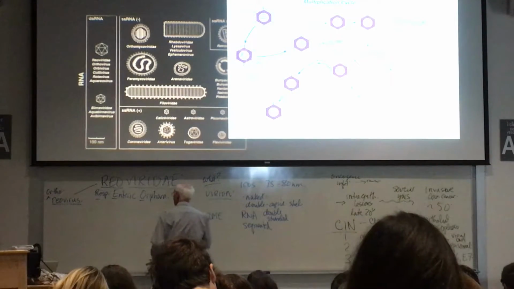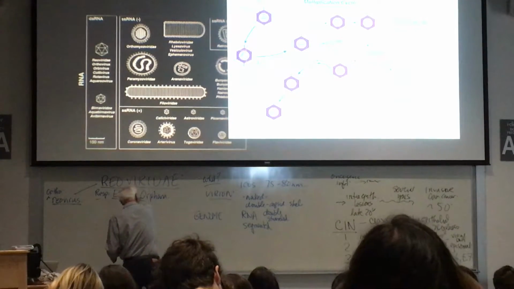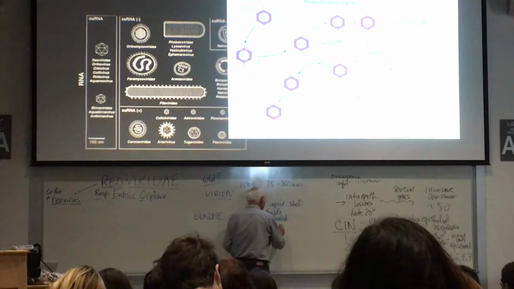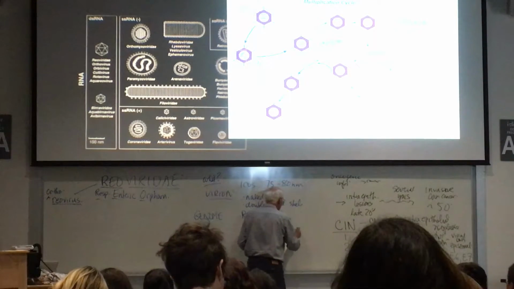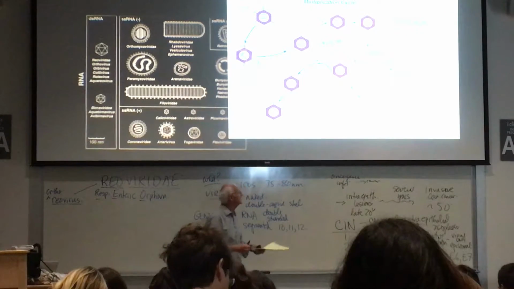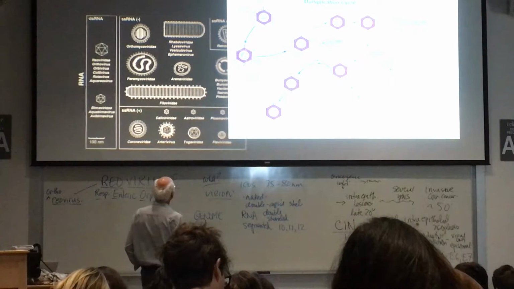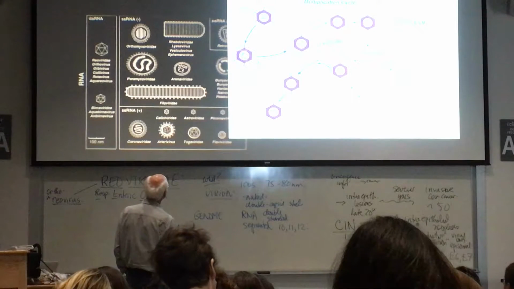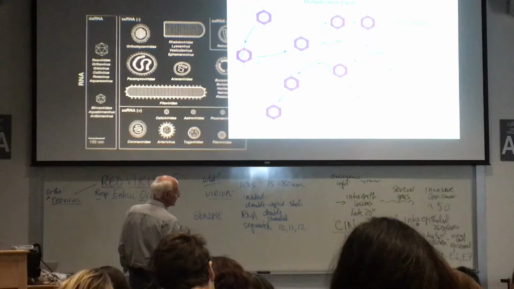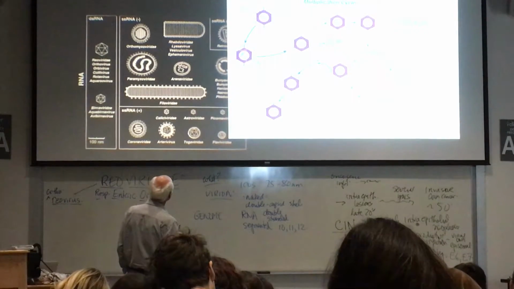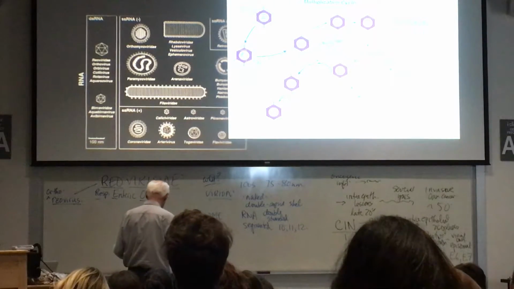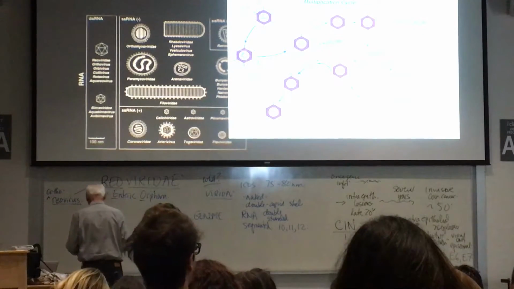Dependent upon the group of reovirus, there's either 10, 11, or 12 segments of double-stranded RNA. So the genome is segmented, and those segments fall into three sizes. So that's why there are kind of three different sizes of the duplex.